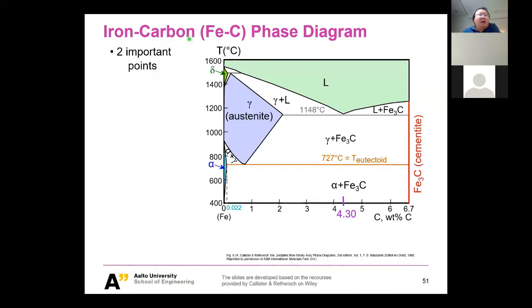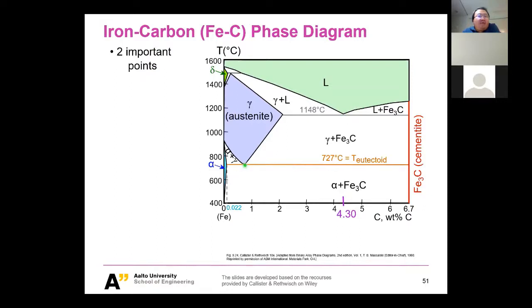So I have already indicated you have two important points from this diagram. Yeah. So I would say the first one is here. So you probably notice this is the so-called eutectic point because within this range, it has the minimum melting temperature. So that is the eutectic point.